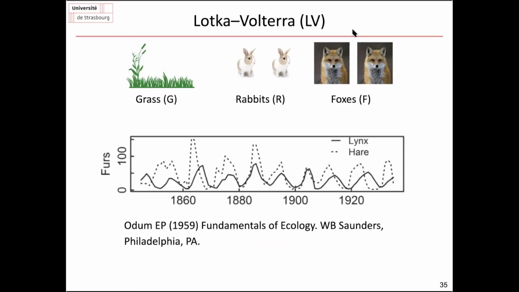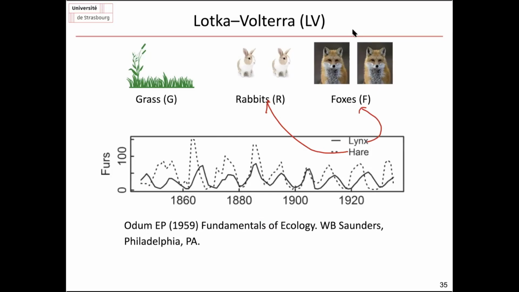To convince you that this is actually interesting and useful, these are actual data of furs that have been hunted in Canada, I believe. It's not foxes and rabbits, it's lynxes and hares. A hare is basically a big rabbit, and a lynx is also a predator like a fox.